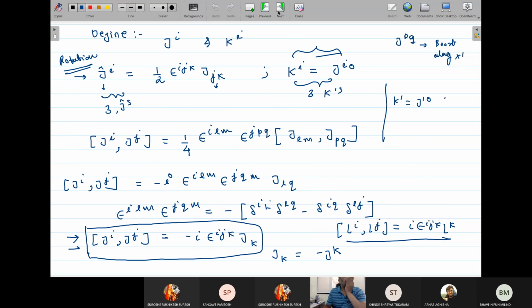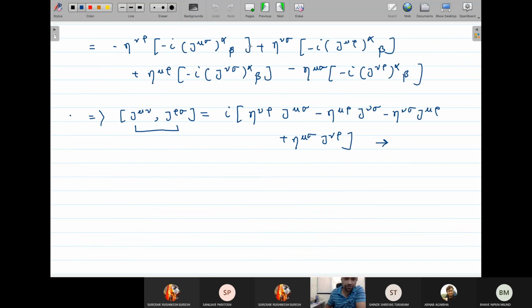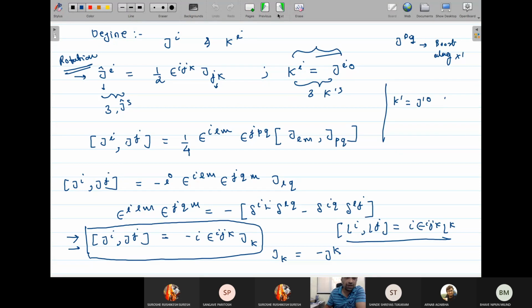Fine. Now we want some simplification in this result. So now we will define three generators, and we will call them J hat, and we define another three generators K, K1, K2, K3.